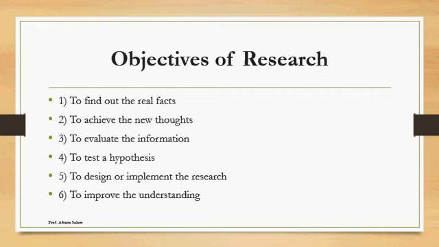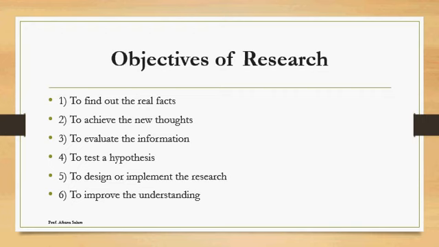The purpose of a research here says that when you're discovering an answer to a question through the application of a systematic procedure, the main aim of a research is to find out the truth, right, which is hidden, which has not been discovered as yet.